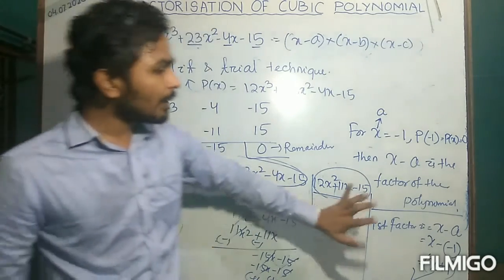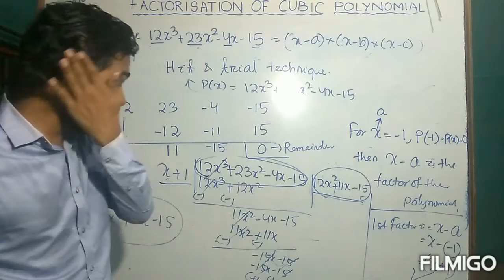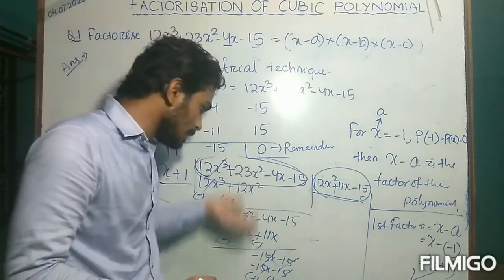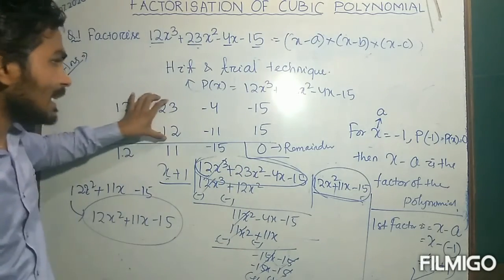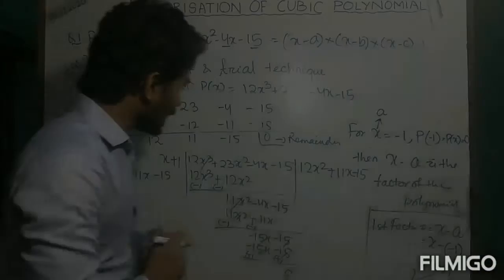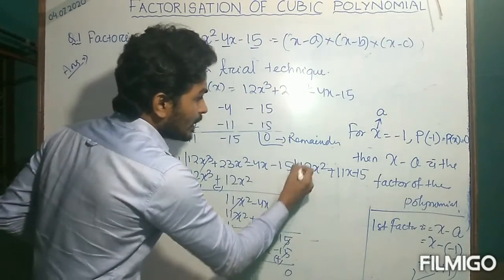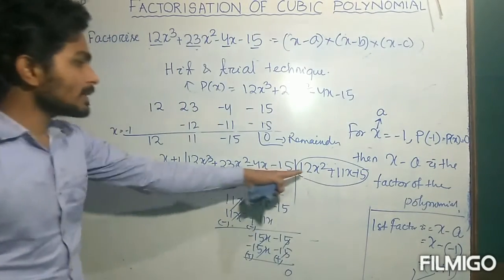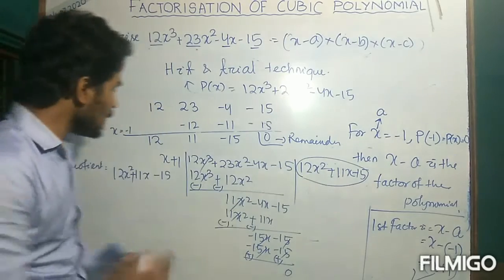So after getting the first factor, you can use any method, either the division method or this technique, to find the quotient. Clear? So finally we get the quotient 12x square plus 11x minus 15.